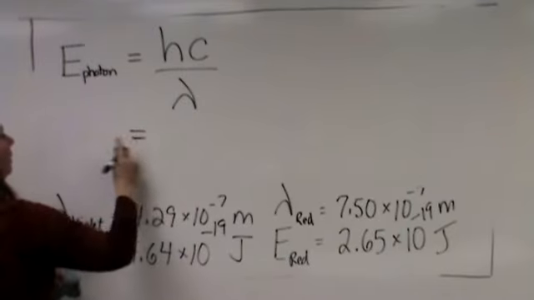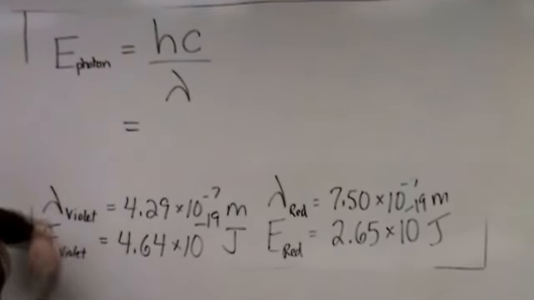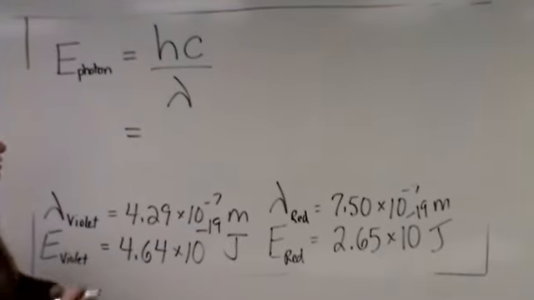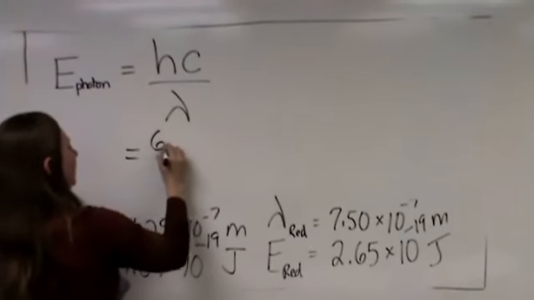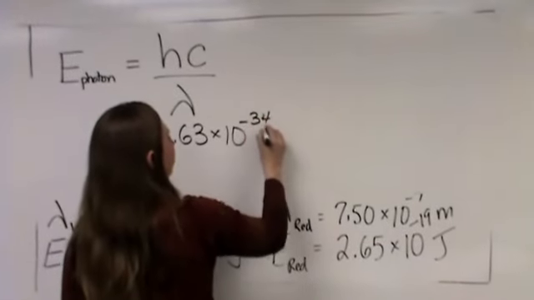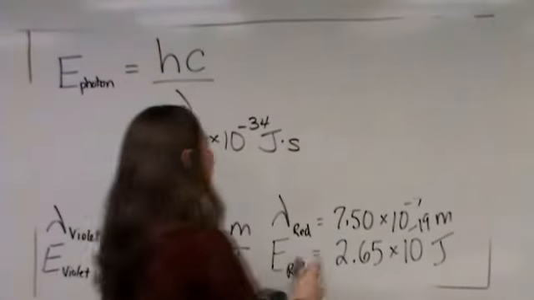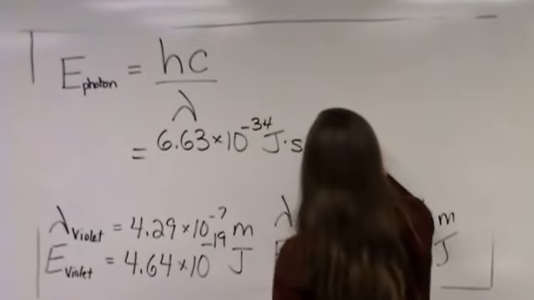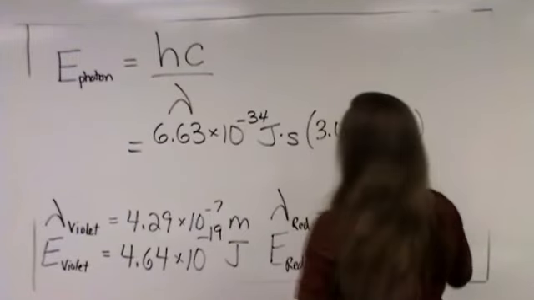So, we're given the wavelength of violet light, and we're going to find the energy of that violet photon. Planck's constant, 6.63 times 10 to the negative 34 joule seconds. The speed of light, 3 times 10 to the 8th meters per second.